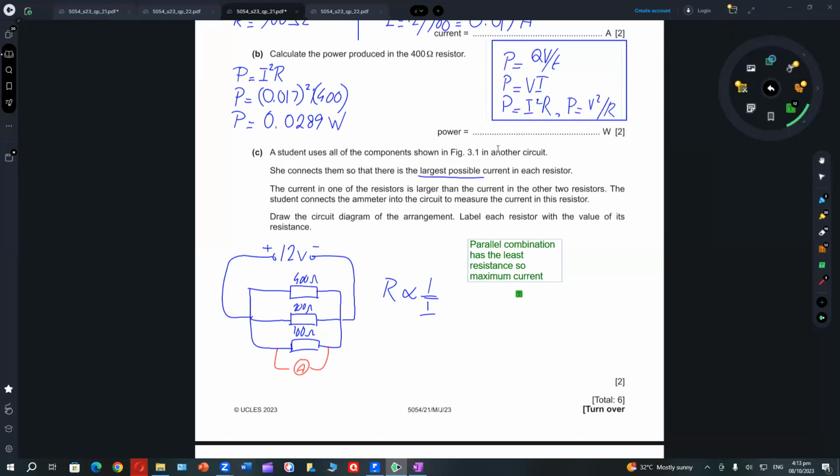We have to connect an ammeter or voltmeter. Ammeter is always in series. Ammeter is always connected in series.